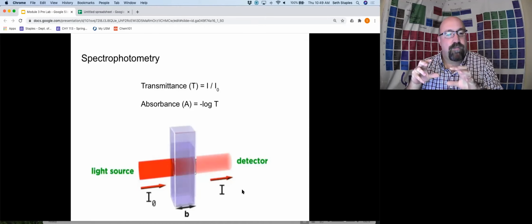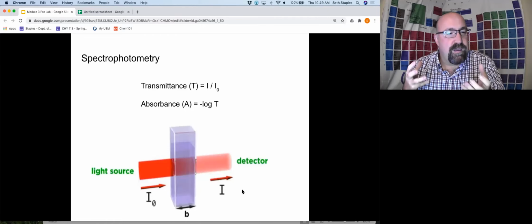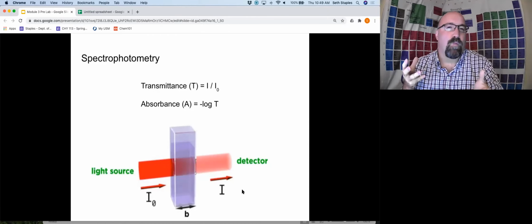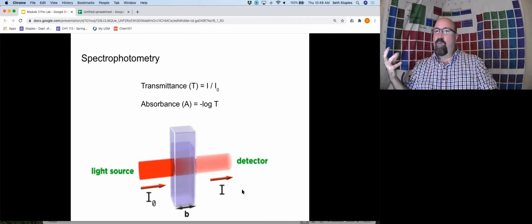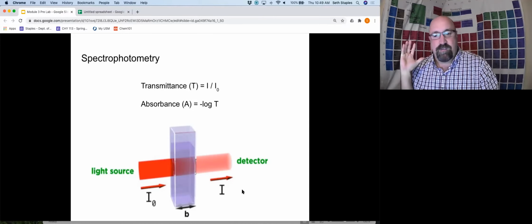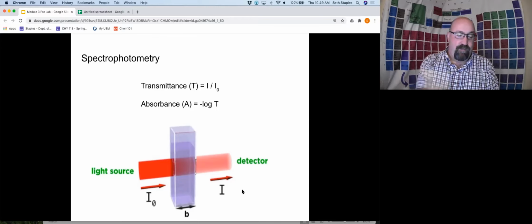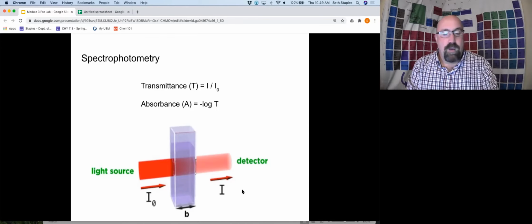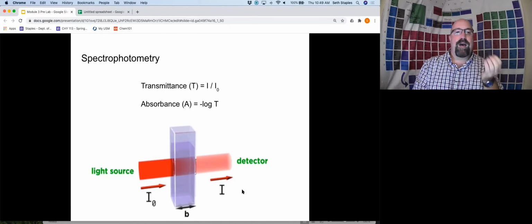But with spectrophotometry, we're going to get much more detailed with that. We're going to see that we use only very specific wavelengths of light, which we'll talk about, as opposed to turbidity, which just measures sort of the amount of all of visible light that's passing through. So we're going to get very specific with our wavelength.